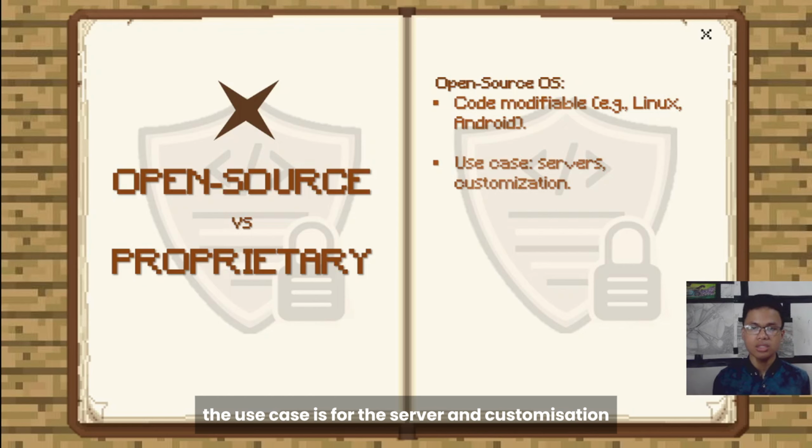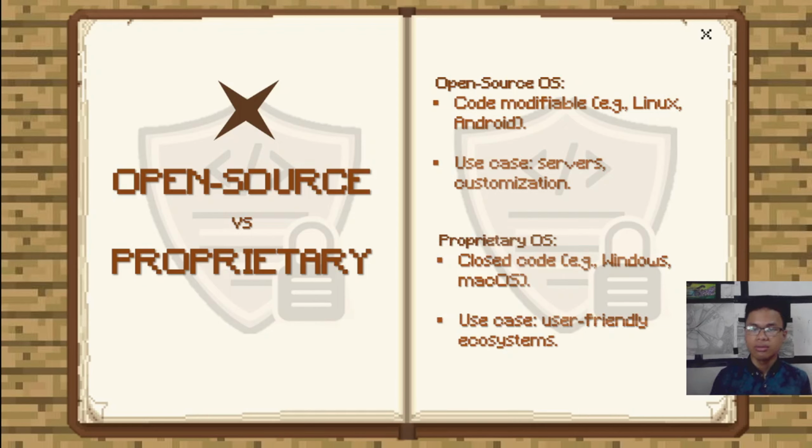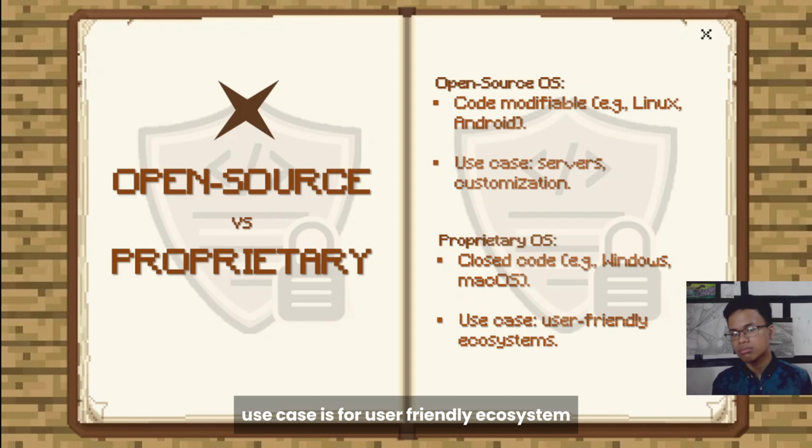The use case is for servers and customization. And then, a proprietary operating system is a closed code. The user cannot easily modify the code. Examples are Windows and macOS. The use case is for a user-friendly ecosystem.